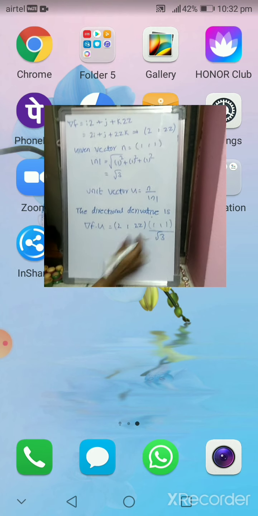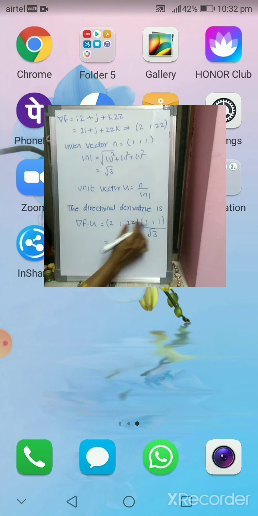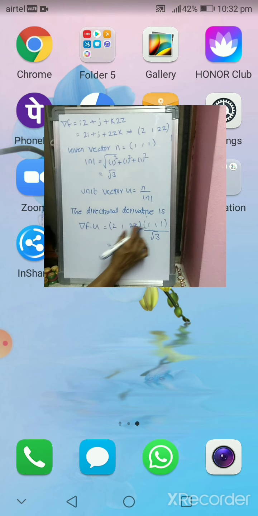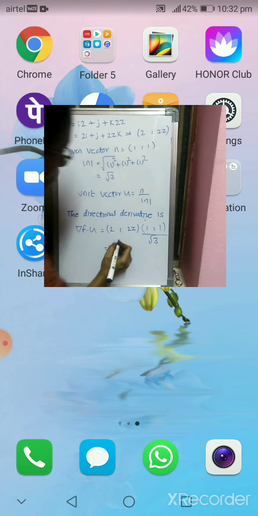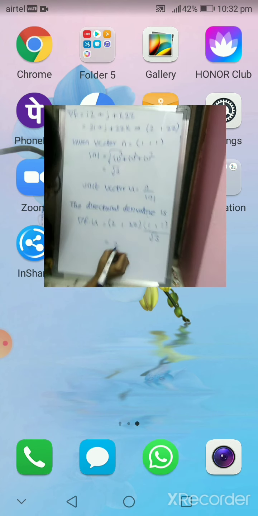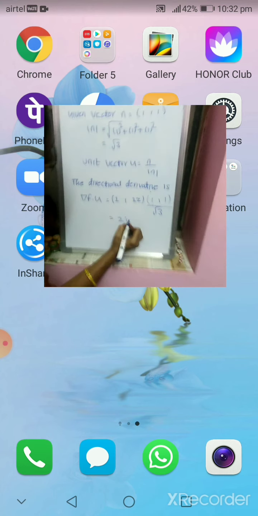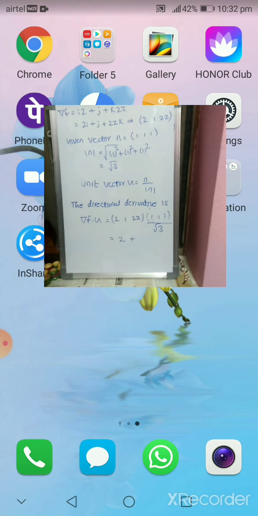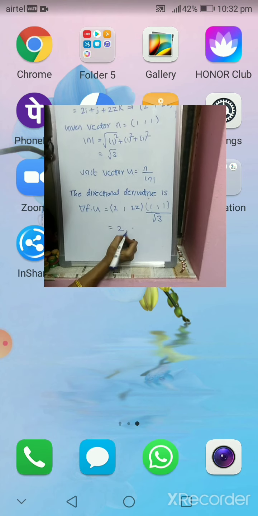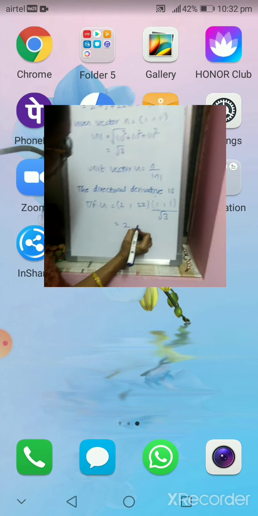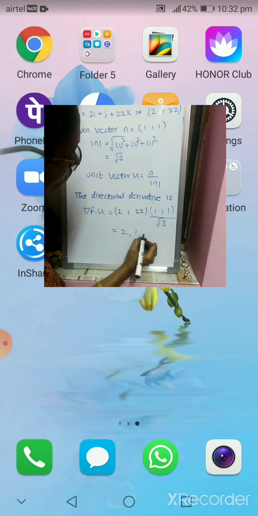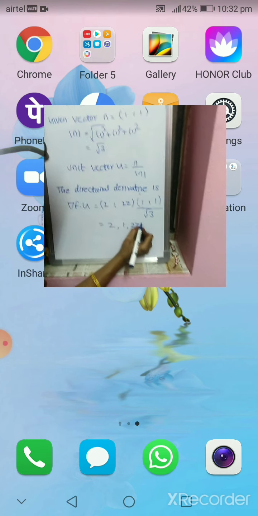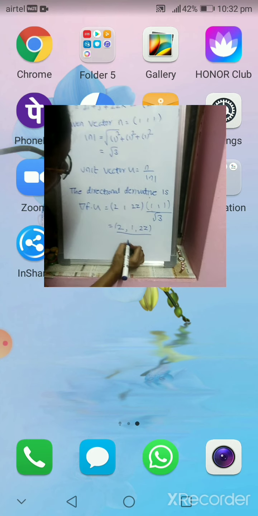So this is the dot product. That is 2 into 1 plus 1 into 1 plus 2 into z, so (2, 1, 2z) dot (1, 1, 1) by root 3.